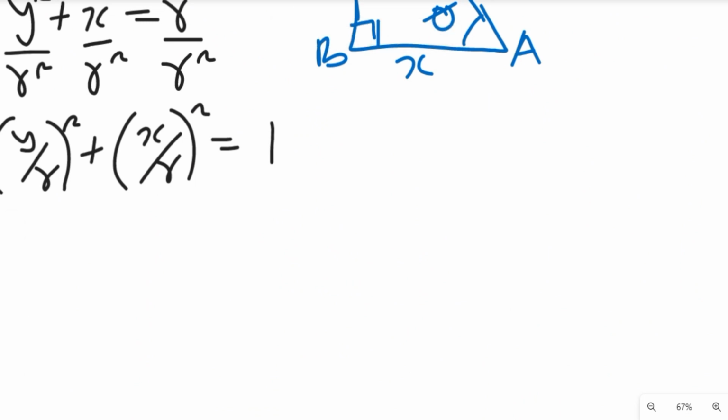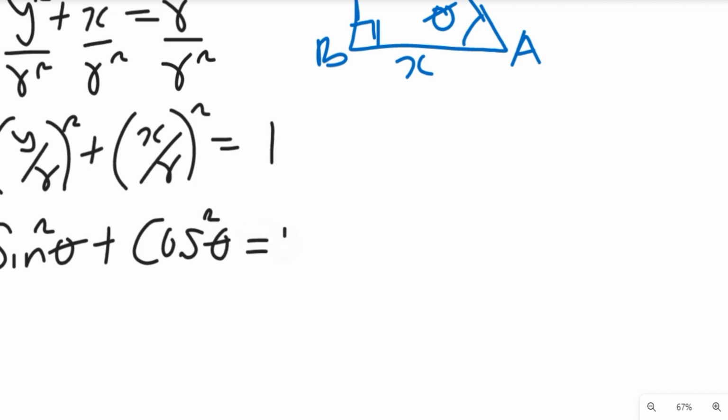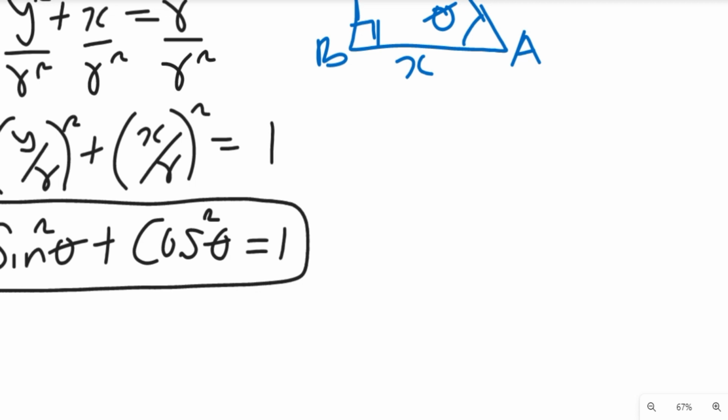It will invariably give us sine square theta plus cos square theta equal to 1. That's the first trigonometry ratio we'll derive. So the first trigonometry ratio we'll derive is sine square theta plus cos square theta equal to 1.